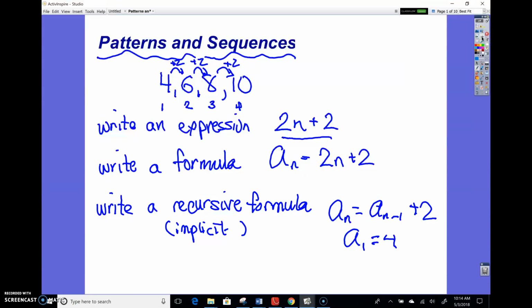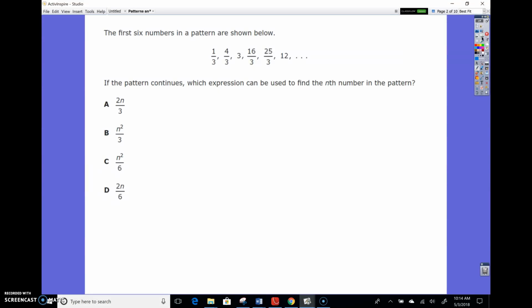Okay, let's do the example for the first problem, okay? The first 6 numbers in a pattern are shown below. If the pattern continues, which expression can be used to find the nth number in the pattern? Okay, so this is the first one, this is the second one, this is the third one, 4, 5, 6. So all I have to do is start substituting.